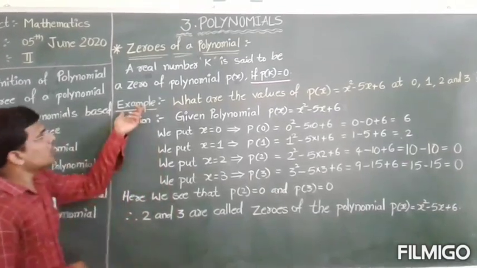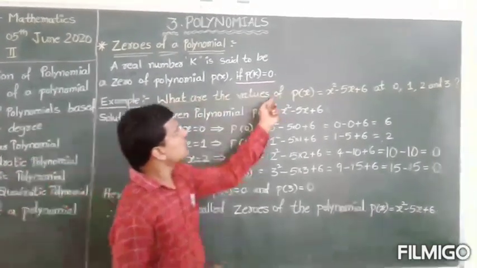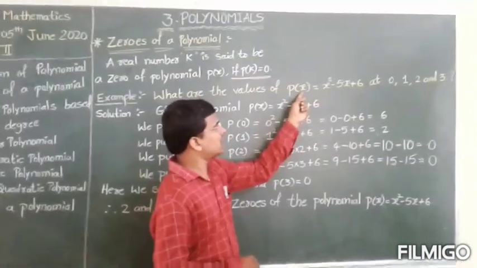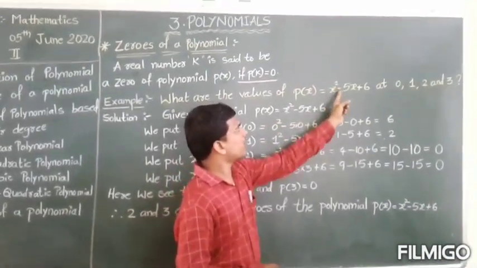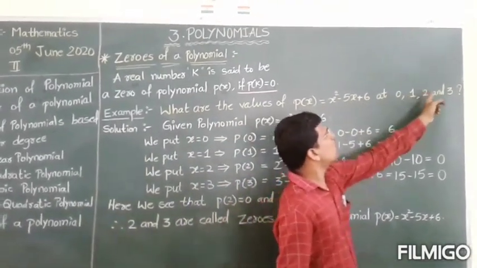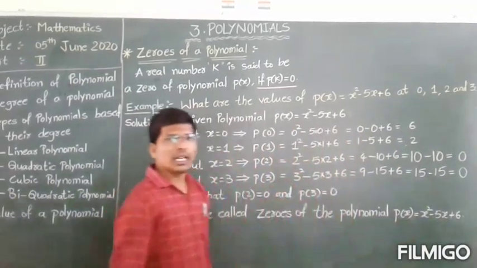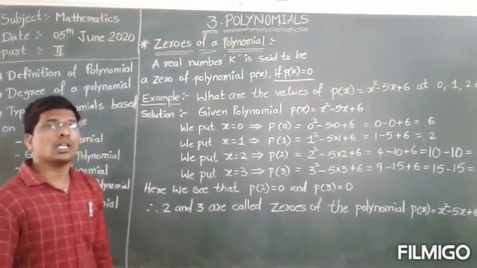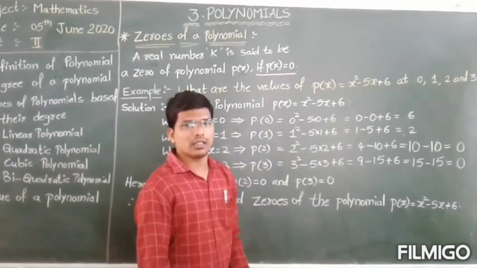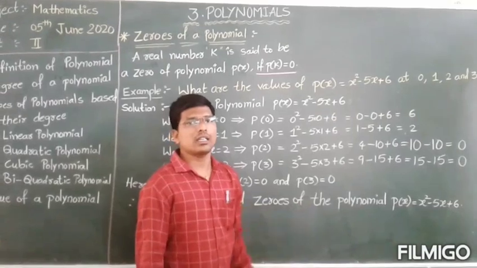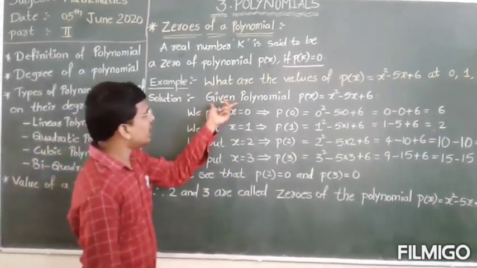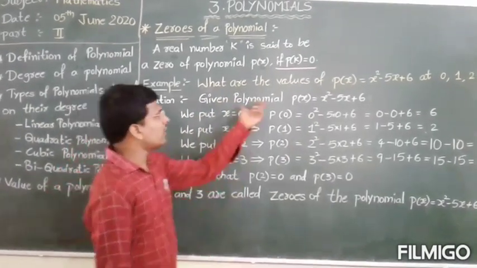For example, what are the values of P(x), a polynomial involving the variable x, equal to x square minus 5x plus 6 at 0, 1, 2 and 3? Here we are asked to find the values of this polynomial at 0, at 1, at 2 and lastly at 3. For the solution, first write the given polynomial.